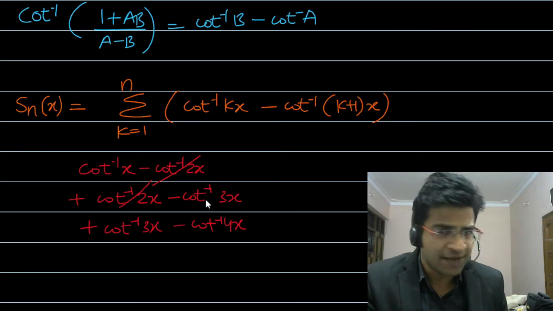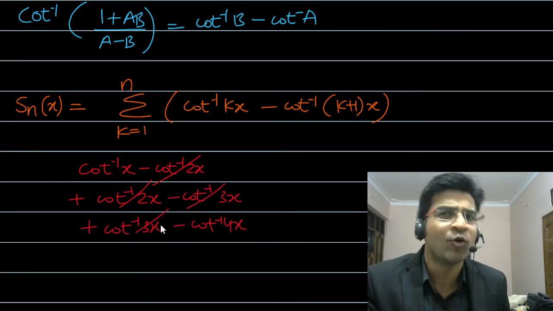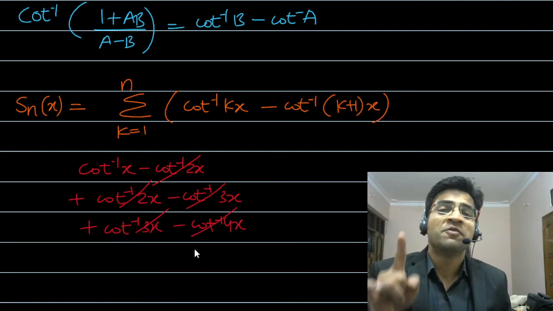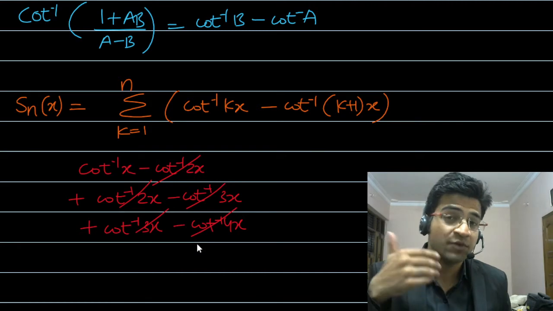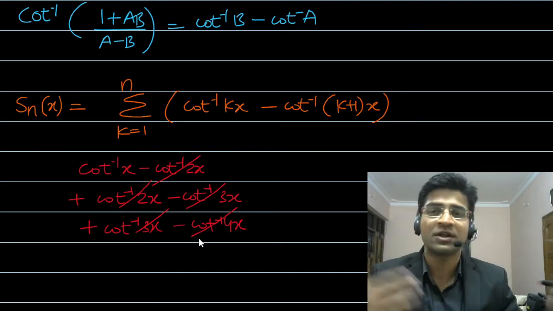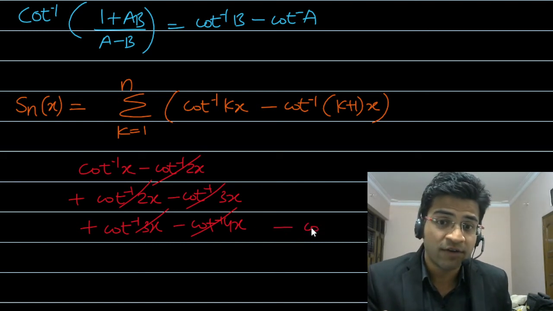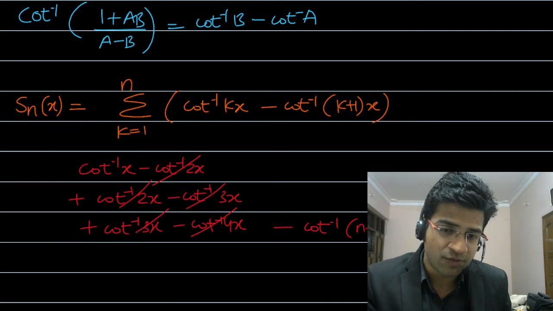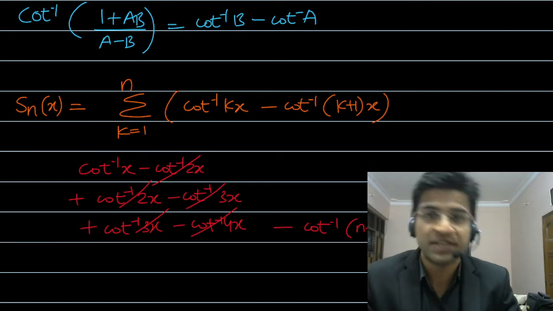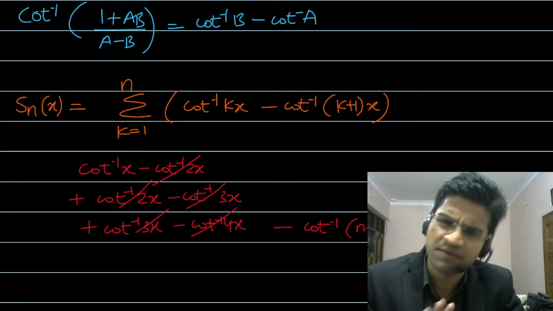The second part of the second term and the first part of the third term get eliminated, and it goes on. In the last we will have minus cot inverse of (n+1)x. This is why it is called a telescoping series, the difference method. You must be very familiar with this concept.